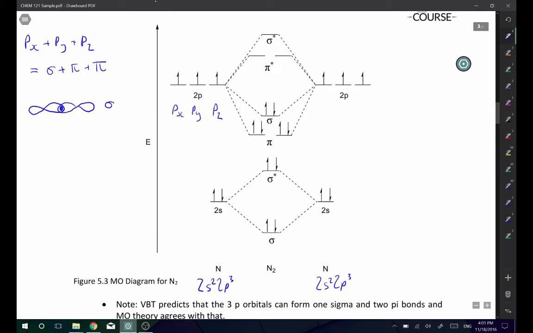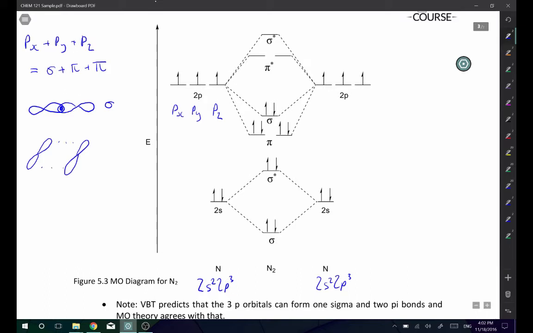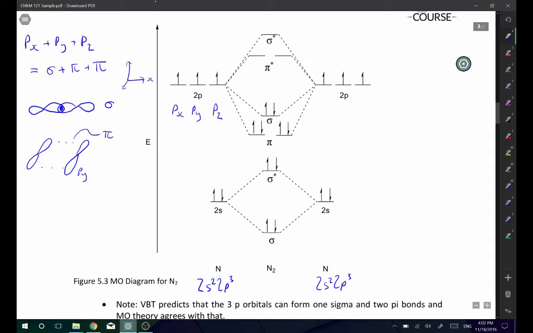And the pi comes from this, which is going away and towards the plane of the paper. And this is essentially one of your pi bonds. And this could be your py's. So if you think of the x, y, and z axis, I've shown the x-axis p orbitals, the y-axis p orbitals, and you also have the z-axis p orbitals, and they form another opportunistic pi bond.